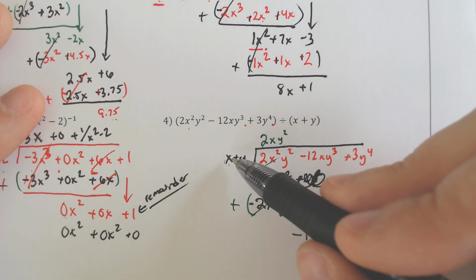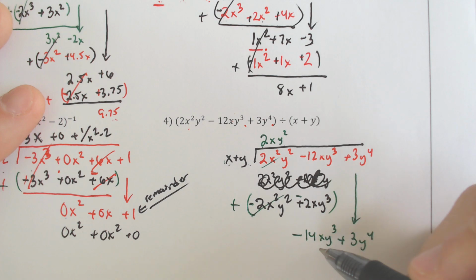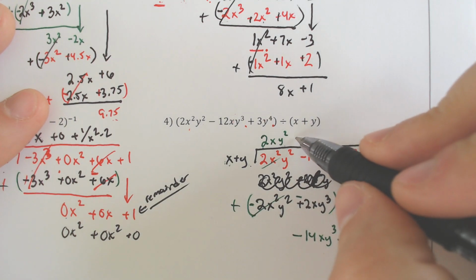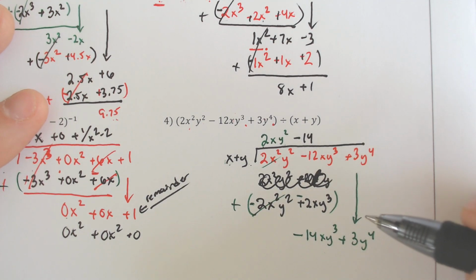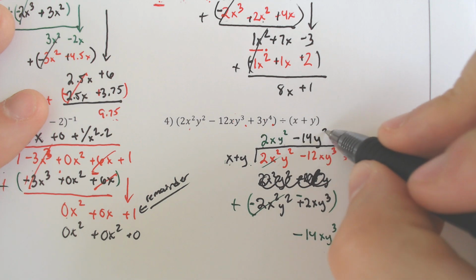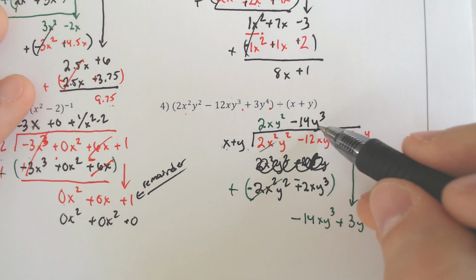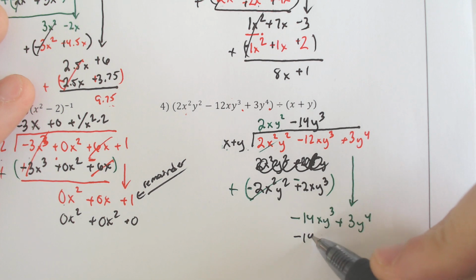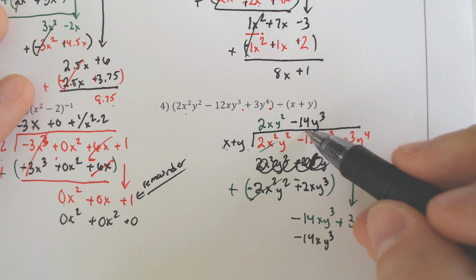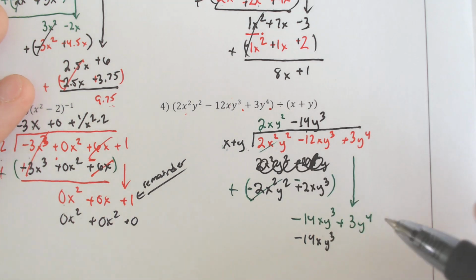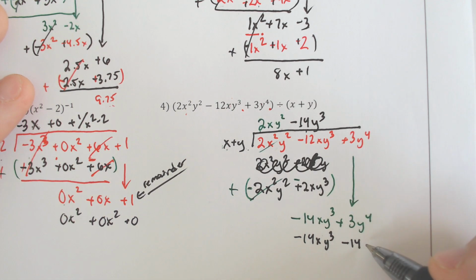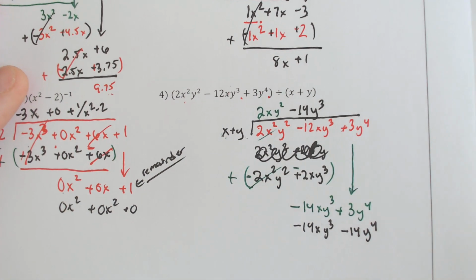Start all over. What do we have to multiply x by to get to negative 14xy to the third? That would be a negative 14 and a y to the third. Let's see what happens when we multiply that. We got negative 14y to the third times x. That makes negative 14xy to the third. Negative 14y to the third times y makes negative 14y to the fourth.